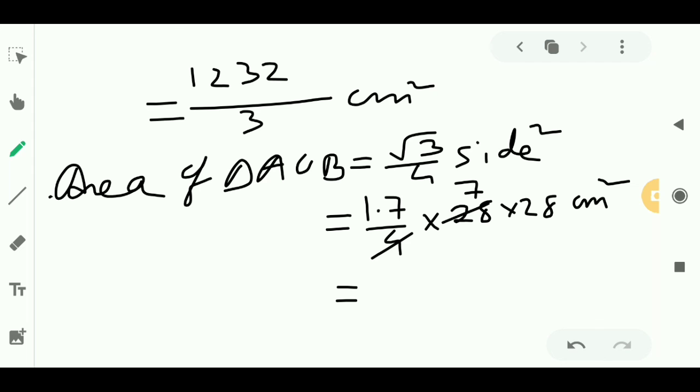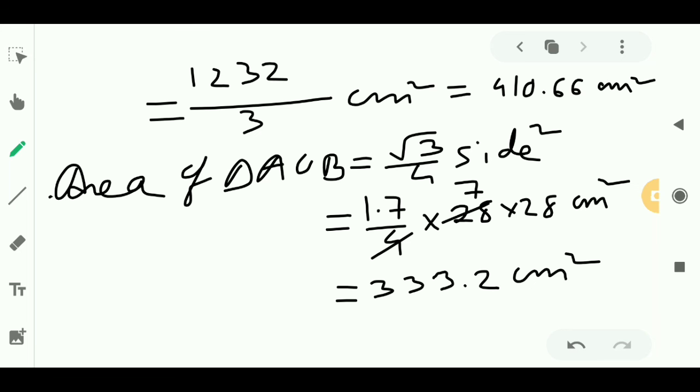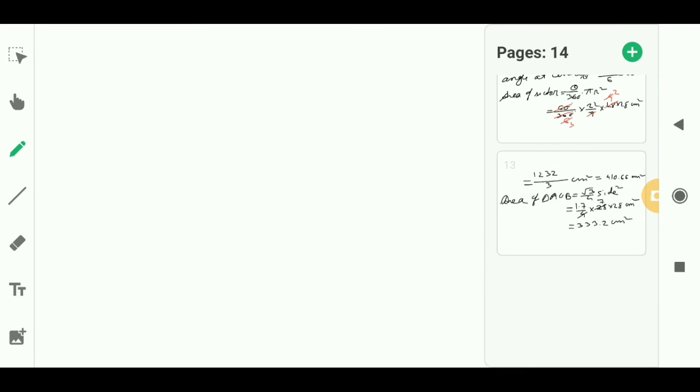I think a decimal will come here, so here also I'll convert to decimal. This one is 410.66 centimeters square, and this one will be 1.7 into 7 into 7 into 28, which is 333.2 centimeters square.